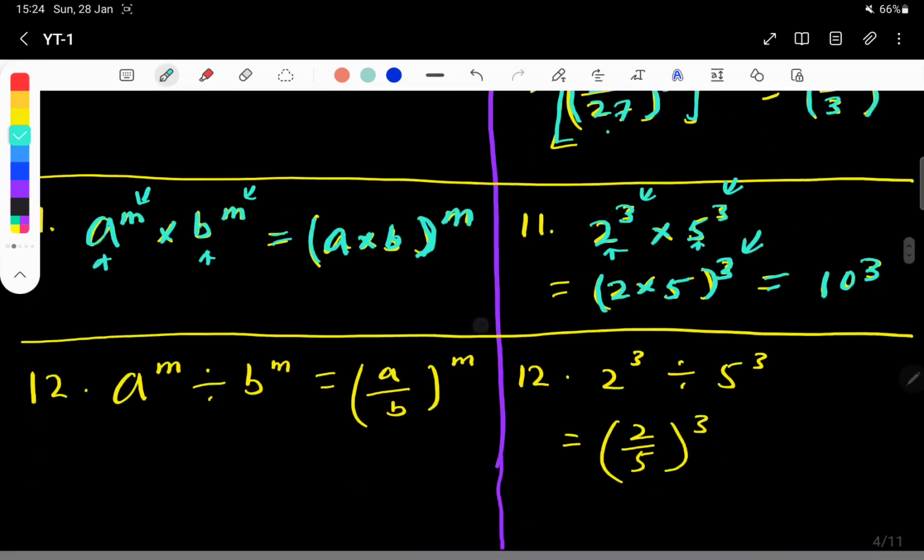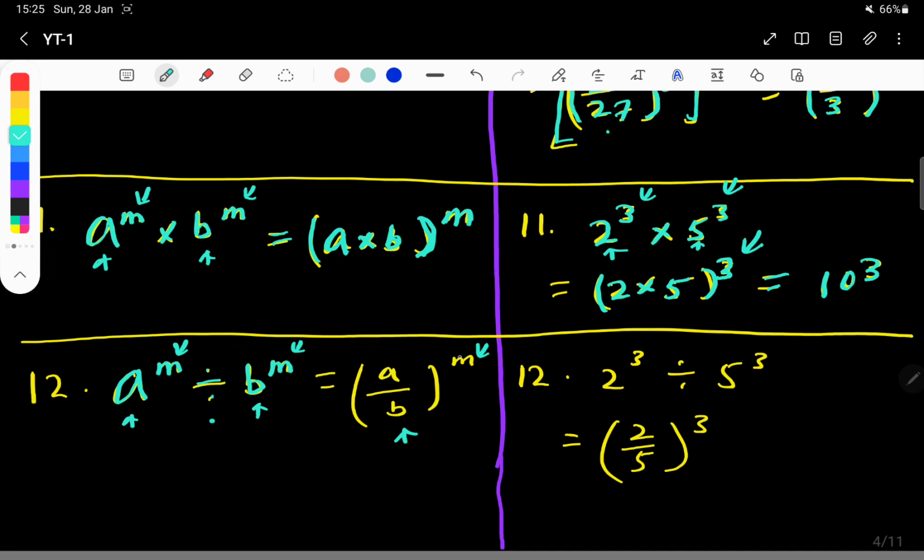Same rule applies for the division process. If let's say you have the common power but different base, your power is going to remain the same as m. Then only you carry out the division inside the bracket. For example, let's say you have a power of m divided by b power of m.